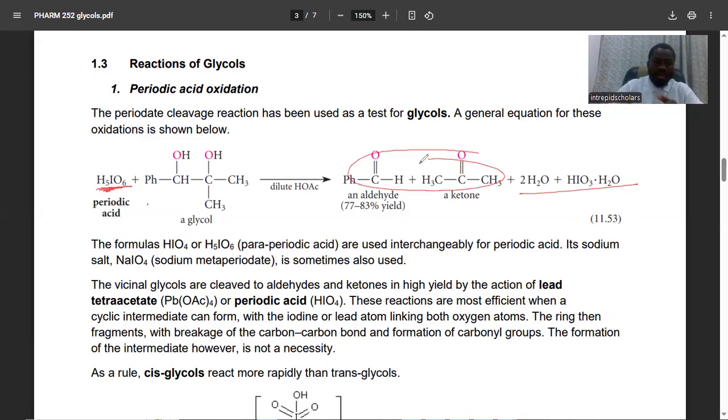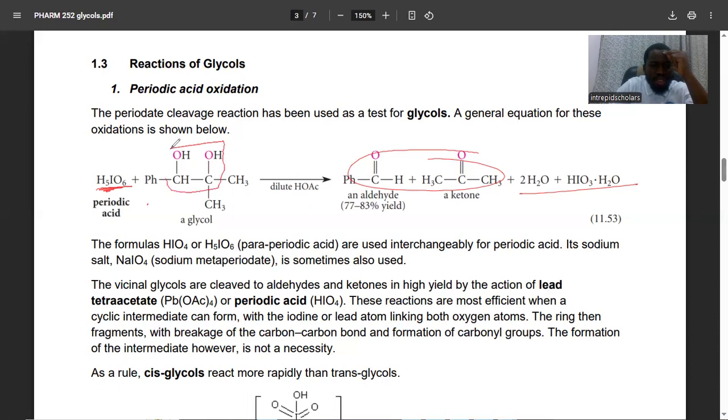Follow the art. What will happen here essentially when we add the periodic acid is that first of all, there will be cleavage. Before I show you the cleavage, I'll have to show you the functional unit in the compound. The functional unit in the compound is this.